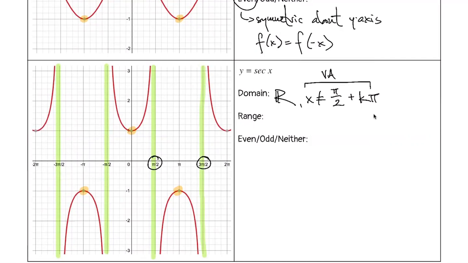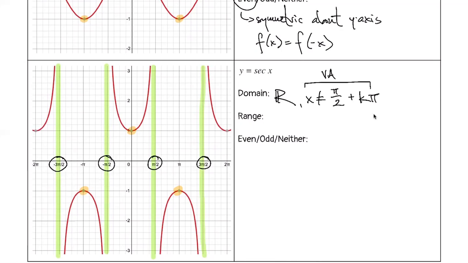Well, what if I take pi over 2 and I subtract pi? Negative pi over 2. If I subtract another one, negative 3 pi over 2. Okay, so this formula here just describes those multiples. Instead of writing multiples of pi out in words, we say k pi.